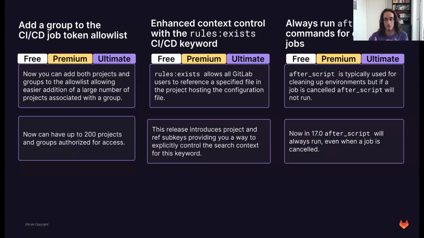So you can imagine if you wanted to add, I don't know, 50 different projects that can access your project, that's like adding 50 different items, which is painful. Now you can do that with groups, right? So if you have a group and you want to give access to your project to all of the pipelines in there, you just give it this group token, and it just works for all the projects inside. That's that. Again, minor thing.